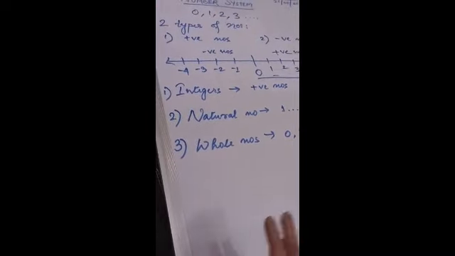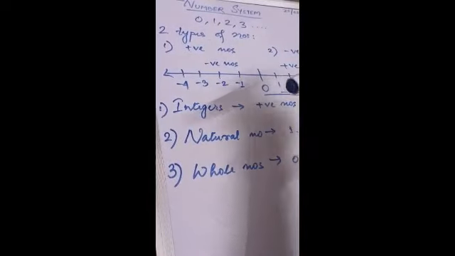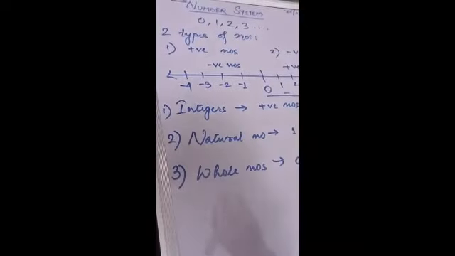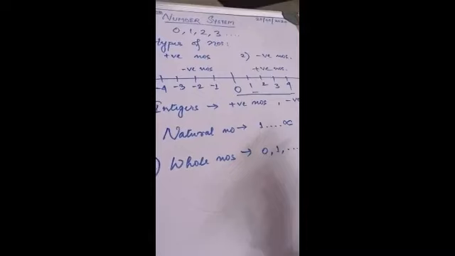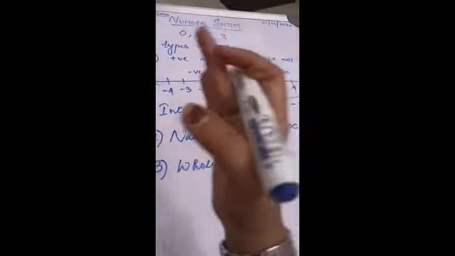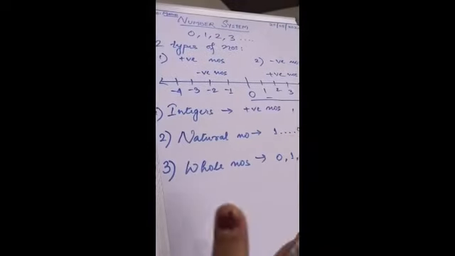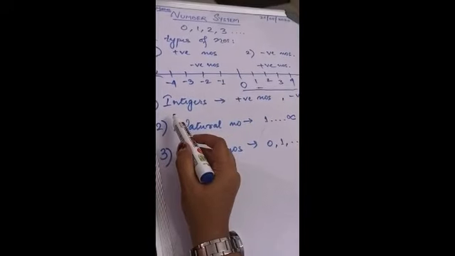So we come across two types of numbers, positive numbers and negative numbers. If we plot them on a graph, 0 is the midpoint, the right side of the graph is the positive numbers, and the left side is the negative numbers. Now if we consider positive and negative numbers together, we call them integers.